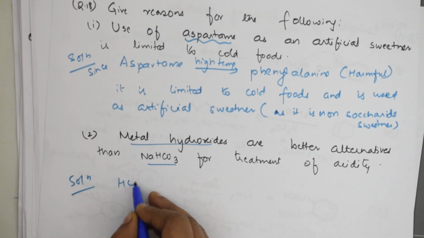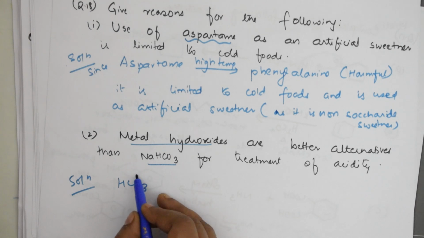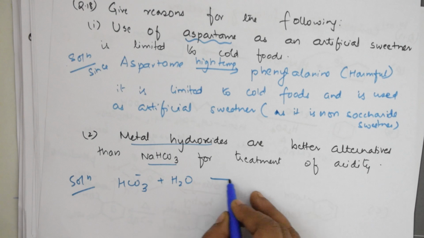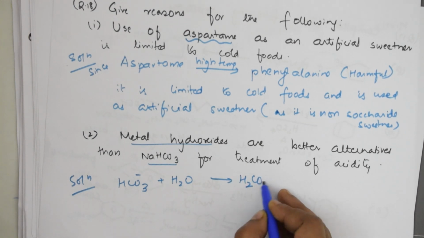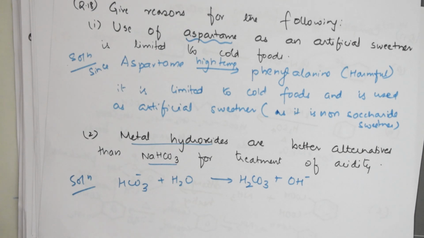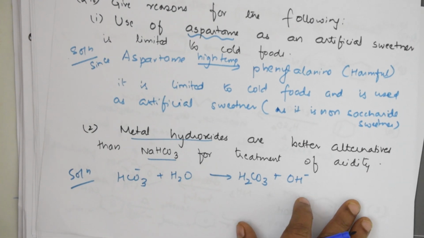Bicarbonate, what will happen? Just see this. Bicarbonate is HCO3 minus. When it dissolves in water, what is it going to do? It gets converted to carbonic acid and it is going to release OH minus ions. Done? Fine. So what is now increasing?